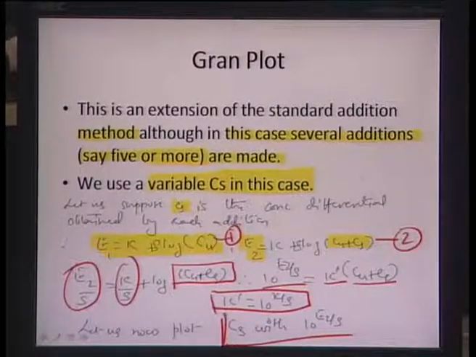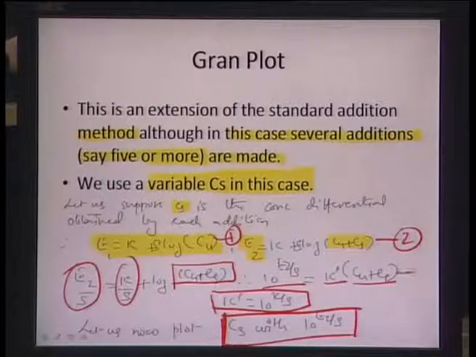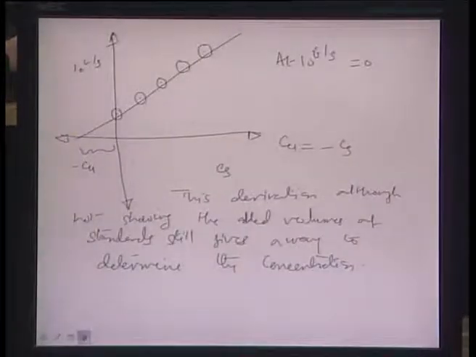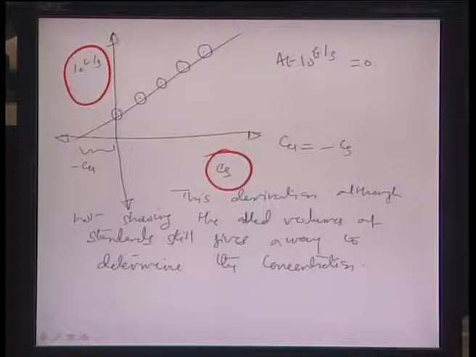So essentially this equation, equation 3, is just like a straight line. Between Cs and 10 to the power E2 by S, the relationship is something like y equals mx plus c. So if we plot that, it would be a straight line as we found out last time. This essentially is a plot between 10 to the power of E by S and the standard concentration Cs.